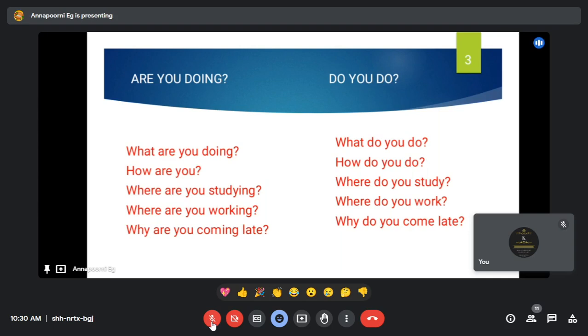But how do you do is a question which can be asked only in official places. If a business meeting is going on, and 2 to 3 business heads are meeting, imagine Tata, Birla, Mukesh Ambani, and the head of Infosys, Narayana Murthy.